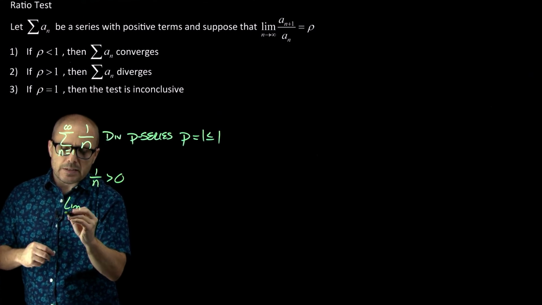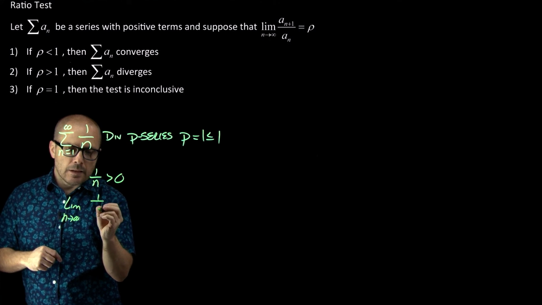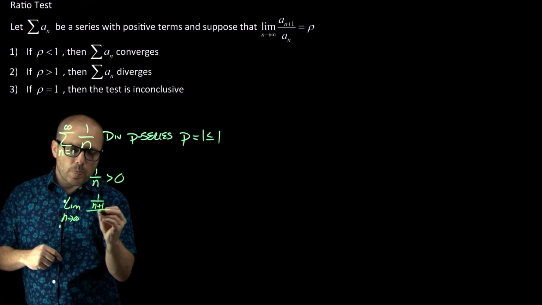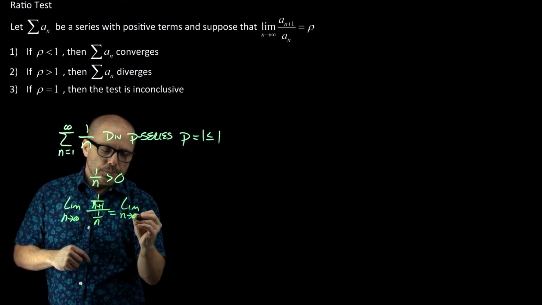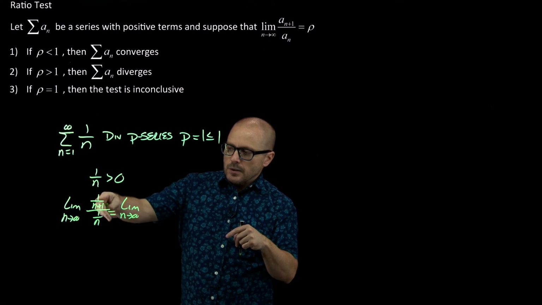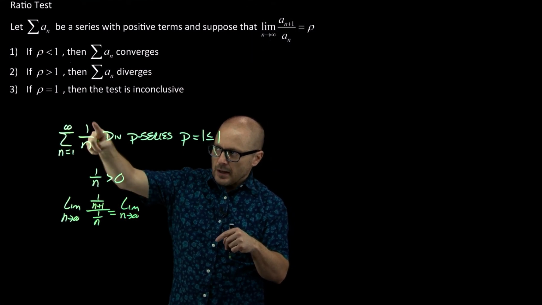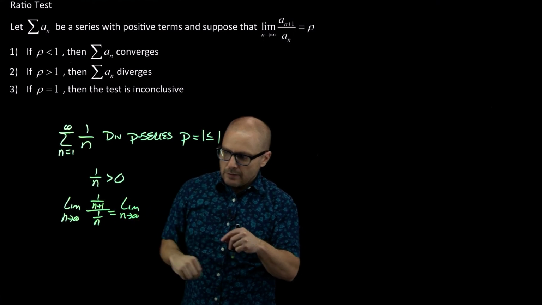So what happens if I take the limit there? Remember, ratio test, you want to take this thing evaluated at n plus 1, this thing just evaluated at n, look at that ratio.